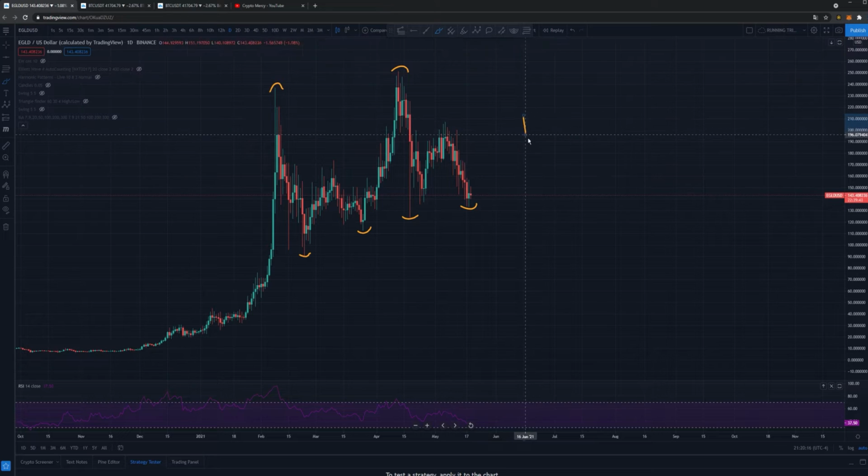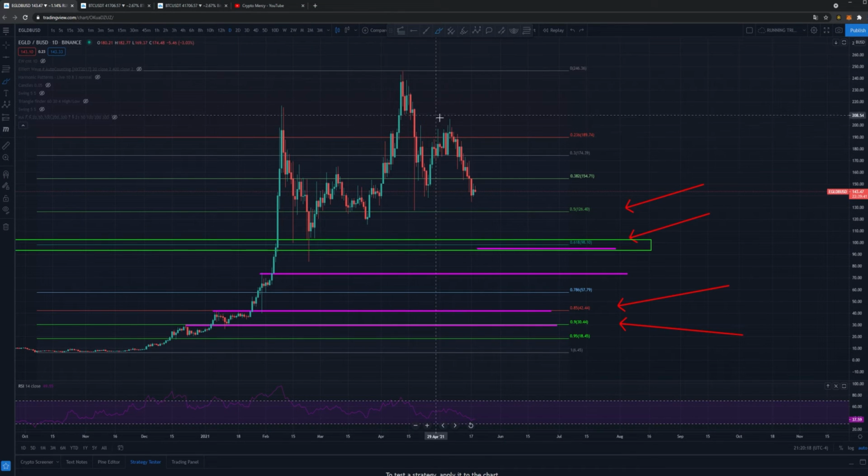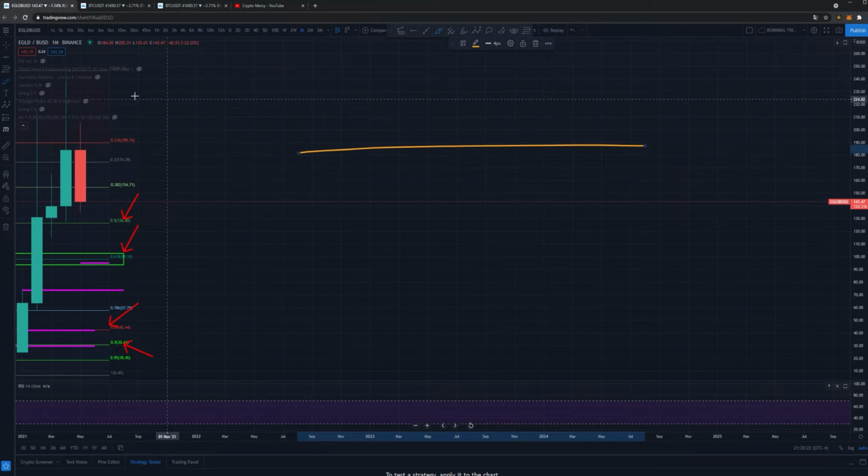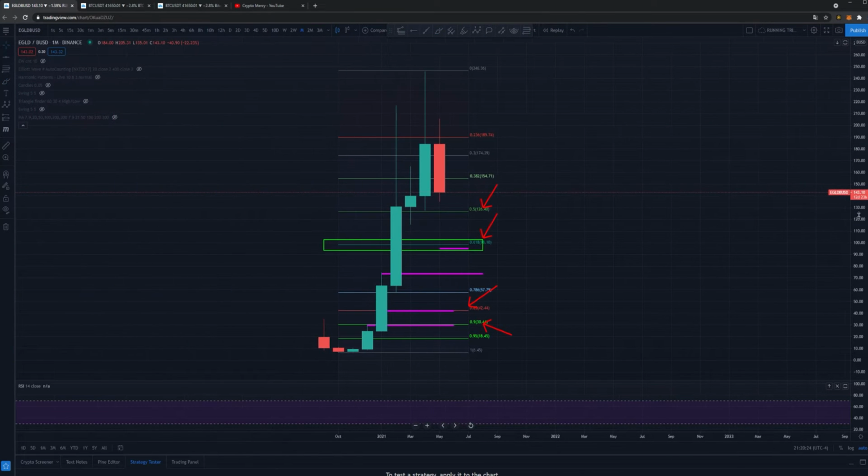And this is why we're going to check this monthly candle close that is coming, in 12 days. This is going to be important, because if we have this double top, this can end the bull market for Elrond. Okay, but there is still 12 days to go.